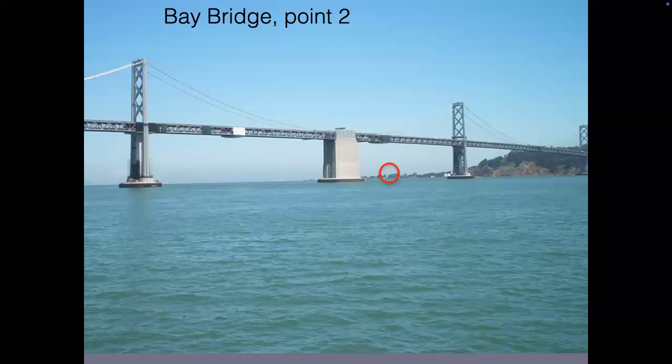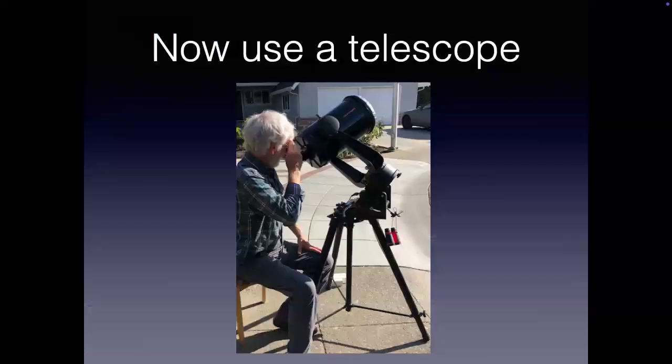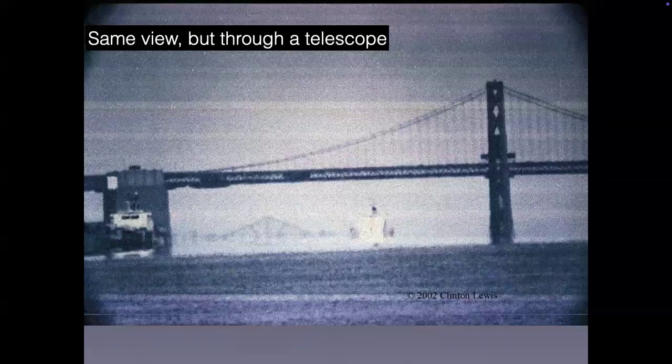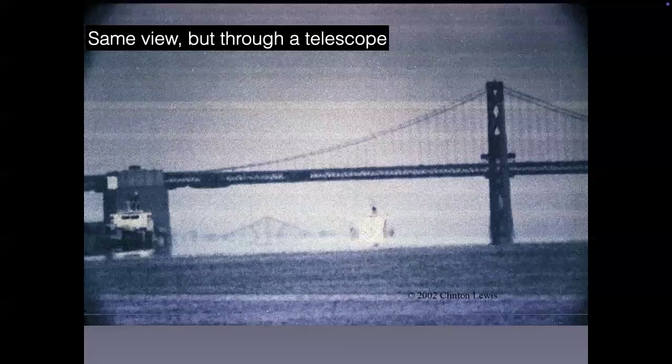So that's close up and in the real, but now let's use an 8-inch Celestron telescope and take a picture from Foster City. Now this is 27 kilometers away. So this picture is of this bridge from here. That's our 27 kilometers.